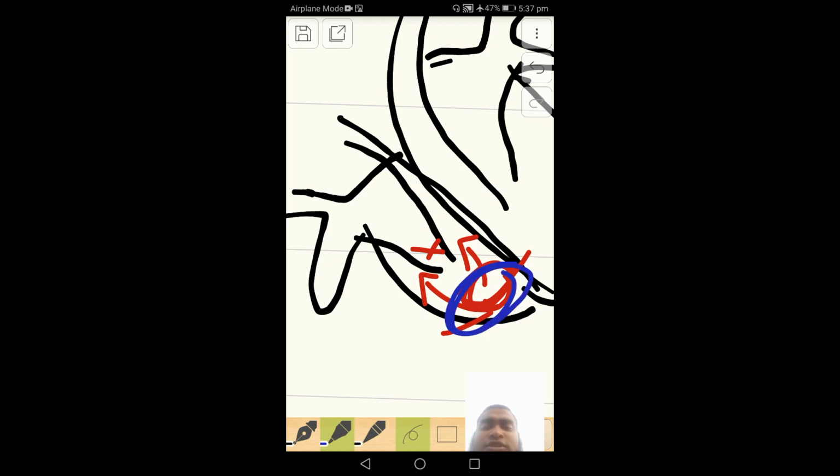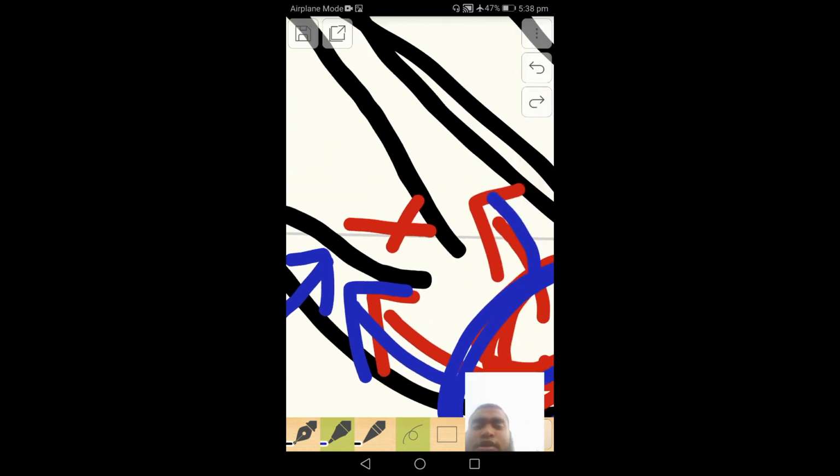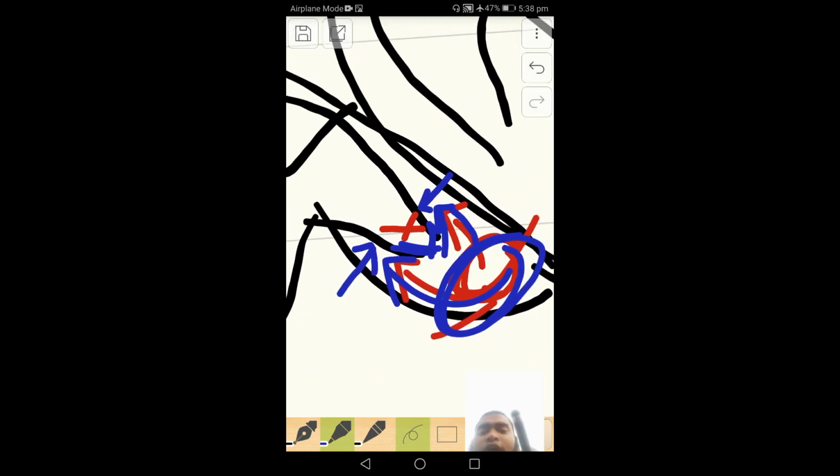ventricle contracts and the blood starts to flow up, it creates a sideways force on the valve while flowing upward, and this valve then closes. So the valve closes and the blood cannot flow back into the atrium.